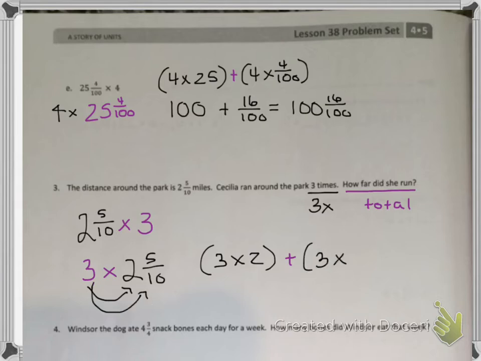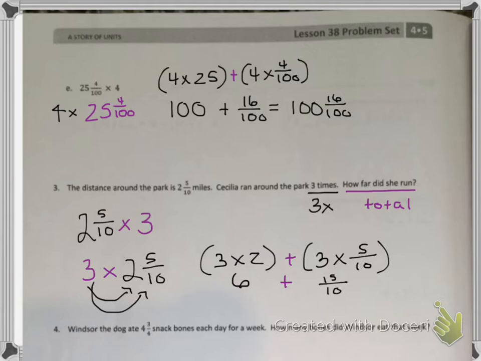So 3 times 5/10 gives me 6 whole, and this gives me 15 tenths.